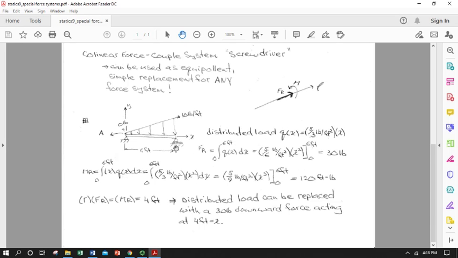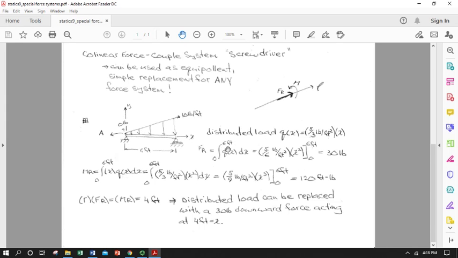We'll do this in much more detail when we look particularly at distributed loads and equivalent force resultants. So the way we go about this is we use a continuous function of horizontal distance from a given reference point to represent this. So we have to turn this into a mathematical expression.